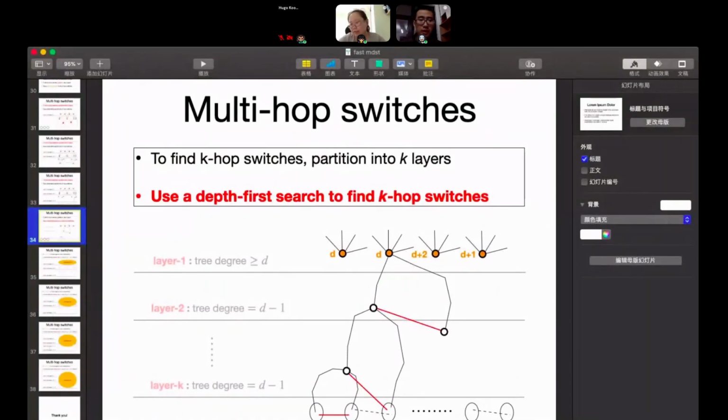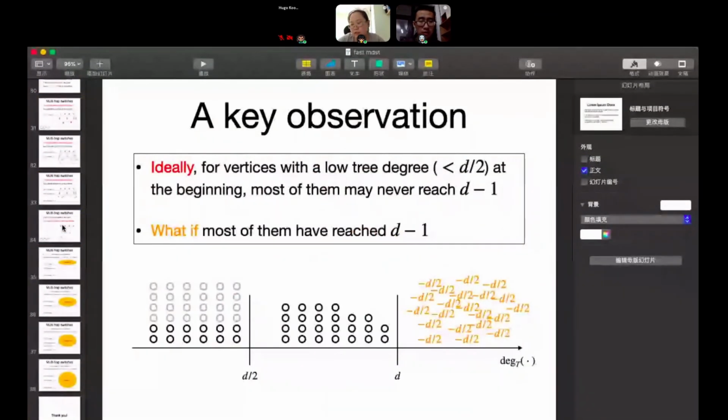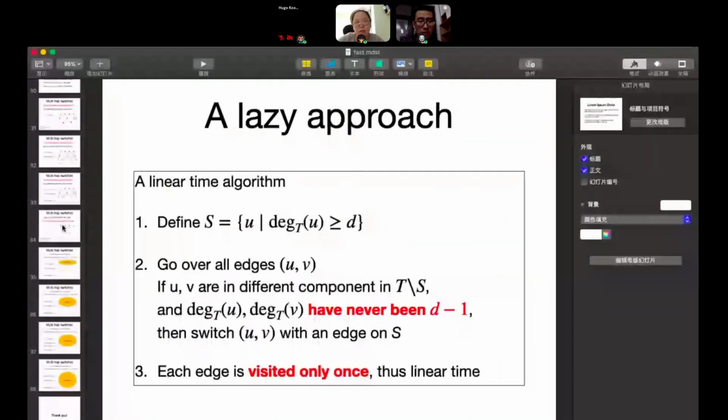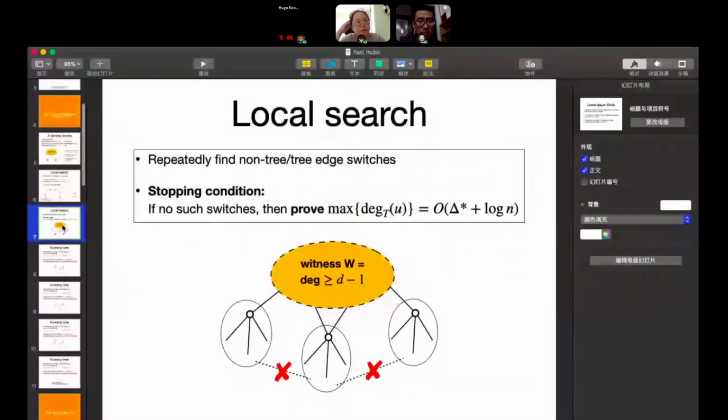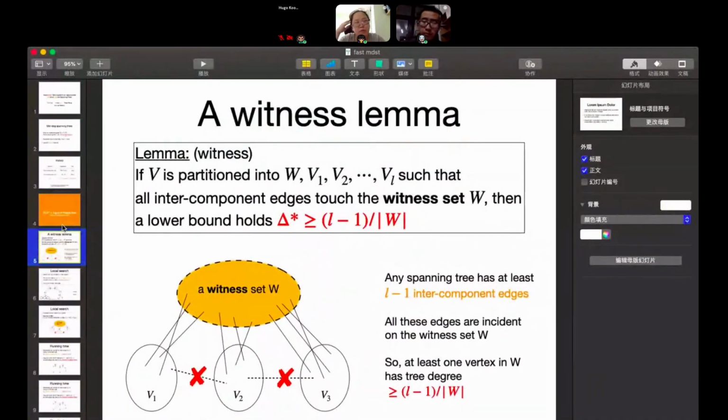Hi, Tianyi. So I have a question about the witness lemma. Is it true that delta star is equal to the best lower bound that can be obtained by a witness? And if not, are there any results about the gap? So you're talking about the optimality of this witness lemma, right?